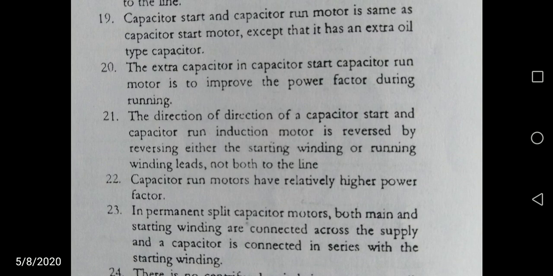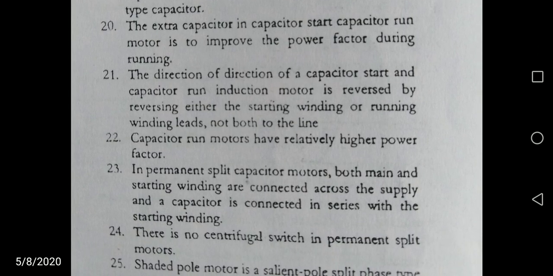The direction of a capacitor start and capacitor run induction motor is reversed by reversing either the starting winding or running winding leads, not both. So single phase induction machines can be reversed by reversing the auxiliary winding or the main winding terminals.